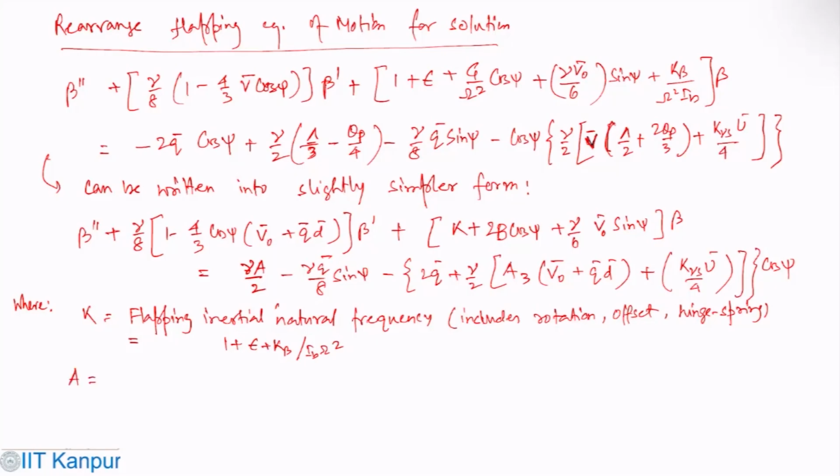Now k is the first axisymmetric flow term, which is theta p by 4.